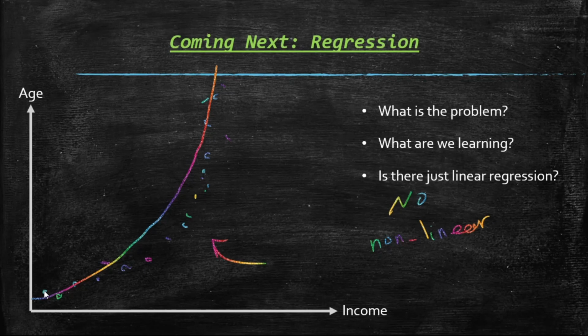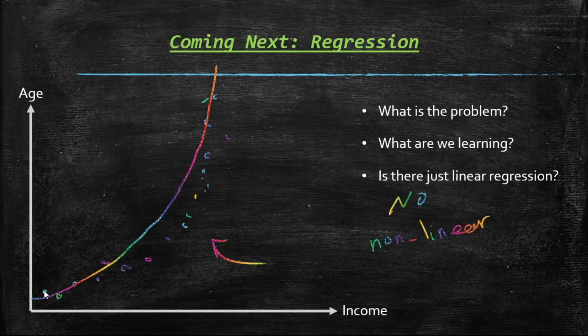Anyways, what we're going to learn here is basically the parameters of these functions that we're going to fit in our data. So if it's a line, for instance, in the previous case where we had a simple line, for any line we'd like to learn what the parameters are.